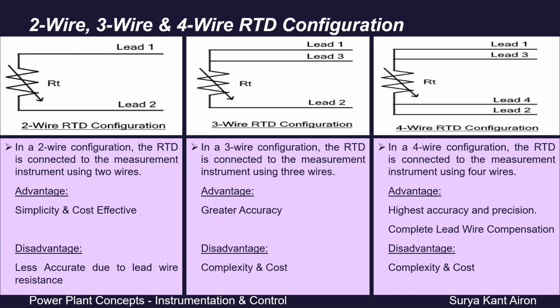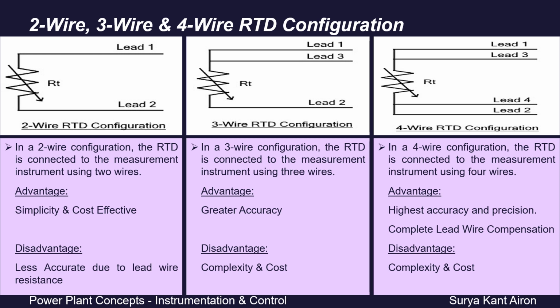Then we have the most accurate, which is four wire RTD. In a four wire configuration, the RTD is connected to a measurement instrument using four wires. The advantage of four wire configuration is they offer highest accuracy and precision in temperature measurement. The two pairs of wires allow for complete compensation of the lead wire resistance. However, these two additional wires increase complexity and bring extra cost.